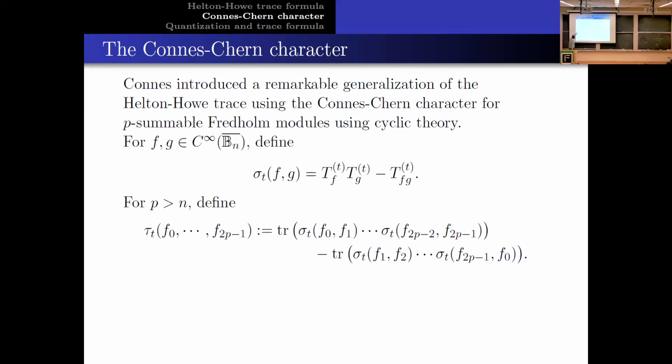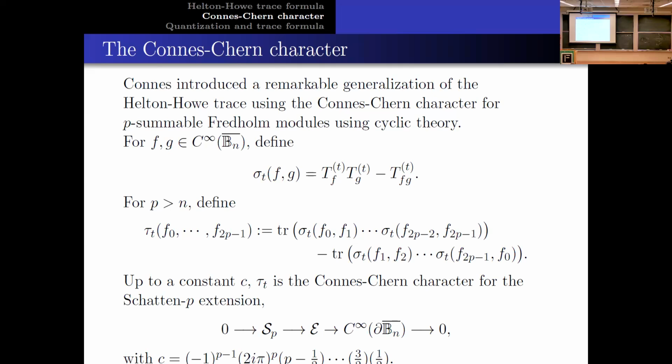And then this is the formula Alain Connes introduced as the chain character associated to a p-summable Helton-Howe module. Here we need to require the semi-commutator to have Schatten p properties. With that, we can insert enough semi-commutators to make sure that this is a trace class operator, so the trace is well defined.